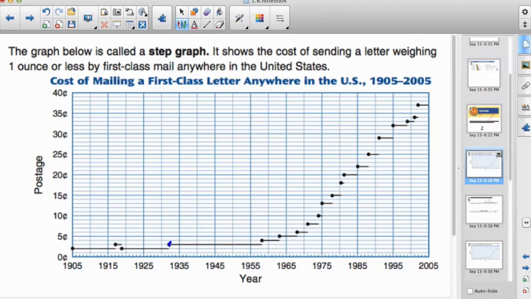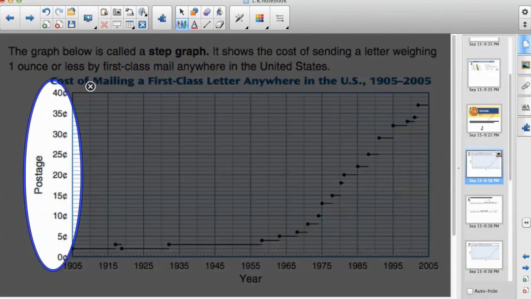And these dots with a long line show you that the cost is consistent over that time period, and the height of each step shows the cost. So if we're jumping to a new step, that's showing you a change in cost, a change in that vertical axis that we talked about.